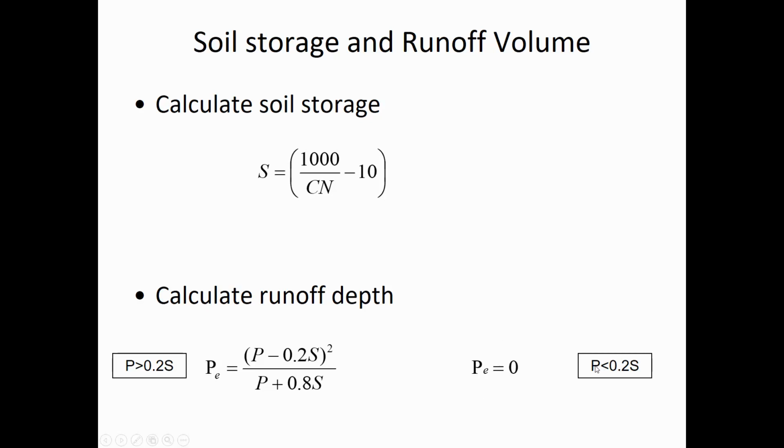So if the precipitation is less than 20% of the storage, then we assume all of the precipitation is just gobbled up by the initial abstraction. But once you've satisfied the initial abstraction, then this formula will kick in, and it will tell you how much rainfall excess you're going to see depending on the amount of precipitation and the amount of storage that there is.